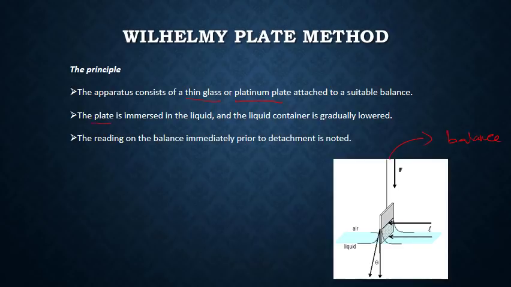The plate is immersed in the liquid, and the liquid container is gradually lowered down, and the reading on the balance is recorded immediately prior to detachment. So the principle is quite similar to the ring method. The difference is that they use a plate instead of a ring.